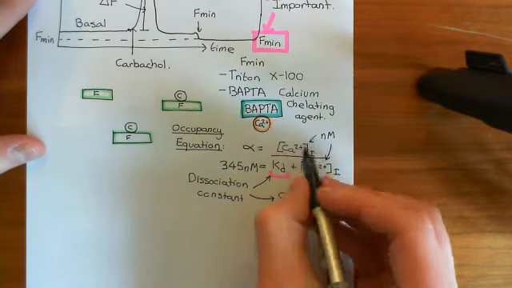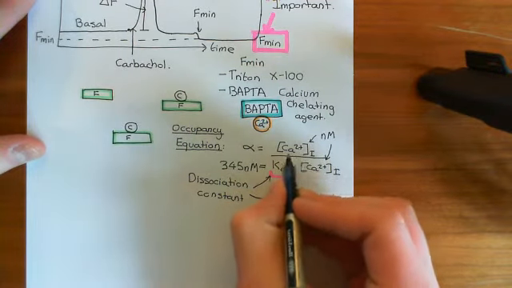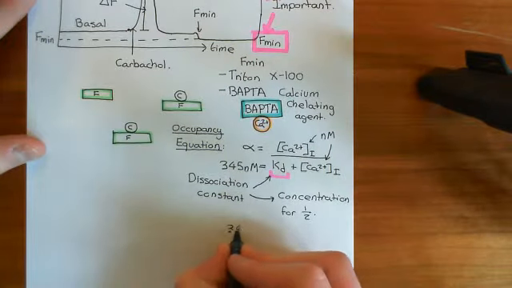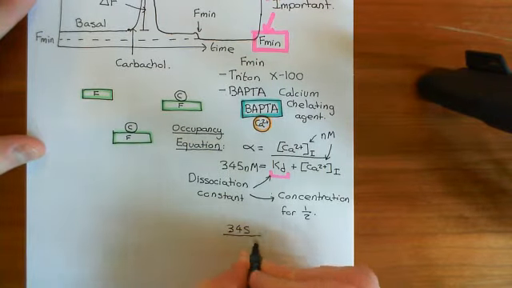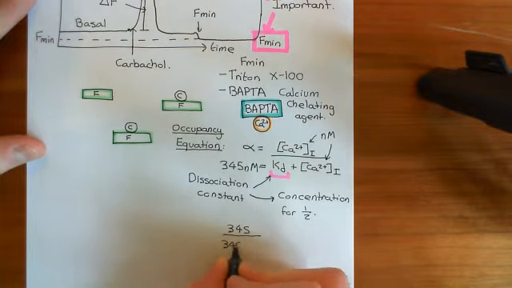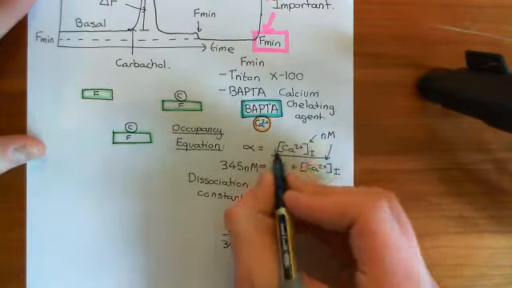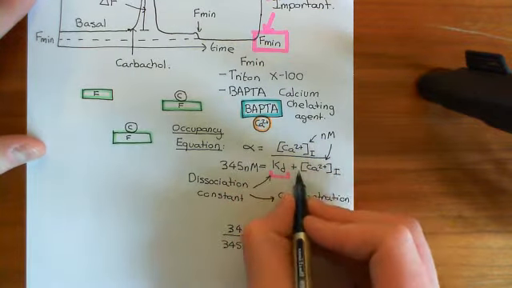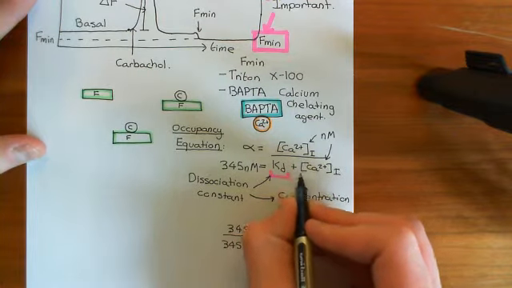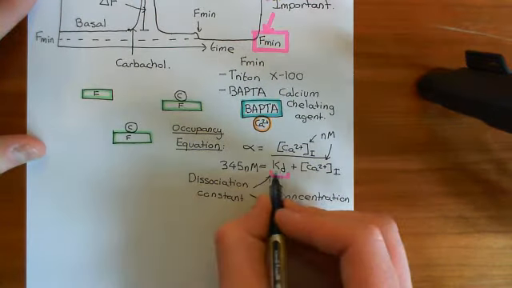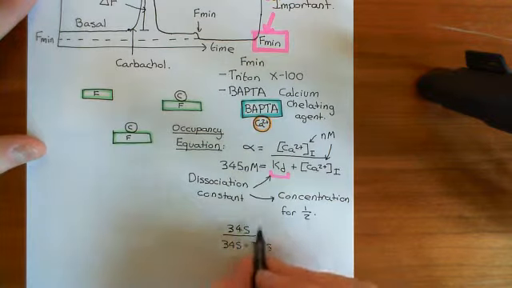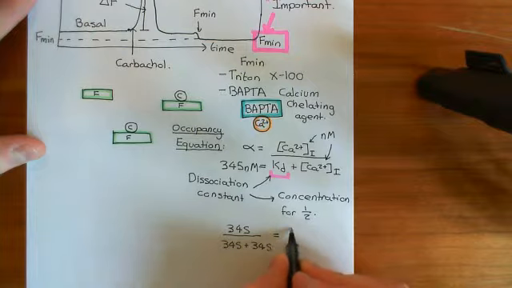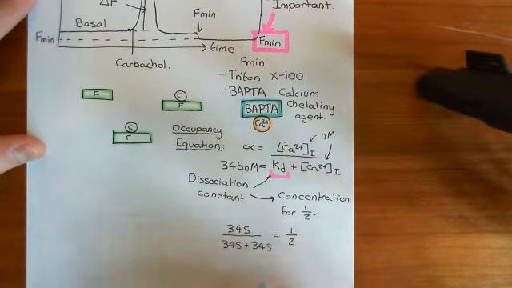Then if we plug that number into this formula, we will get 345 over 345 plus 345. We put in the calcium concentration here as 345 nanomolar, the calcium concentration here as 345 nanomolar, and then I've substituted the Kd in as 345 nanomolar. Overall that gives this formula, and if you now work out what that is, it reduces down to a half.